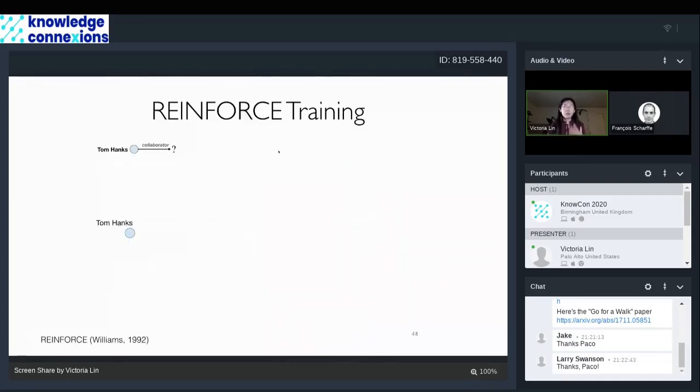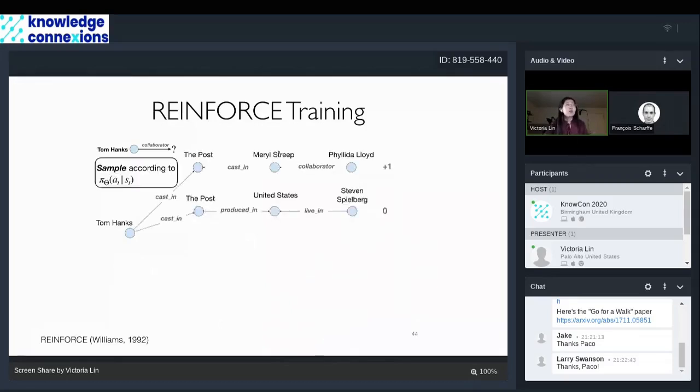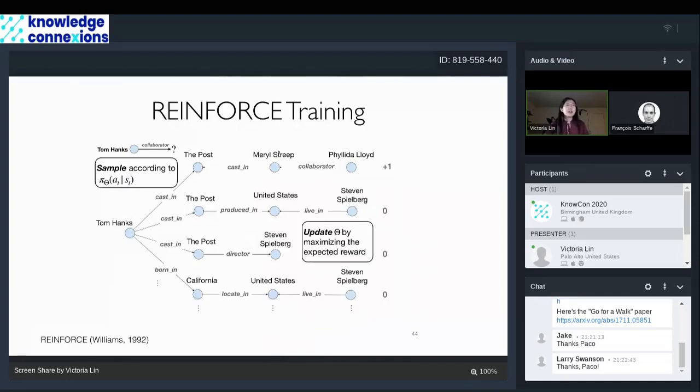And so this framework can be trained using a standard REINFORCE algorithm. During training, we have an agent roll out from the source entity multiple times. To roll out, we sample how it should perform the next step based on the current policy function. So based on the current distribution of the policy function, we sample an edge it should extend.